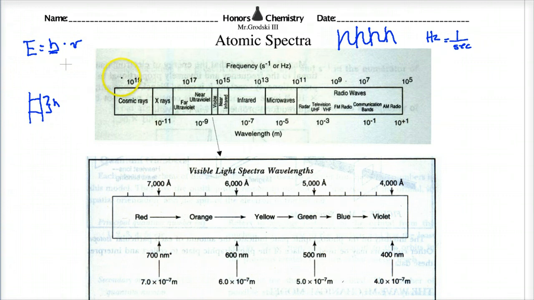So if I was to draw on this, you would see that the frequency is low on this side of the spectrum because the wavelengths are long. But as we go across, as I try to draw, the wavelengths get smaller because the frequency has to increase incredibly.